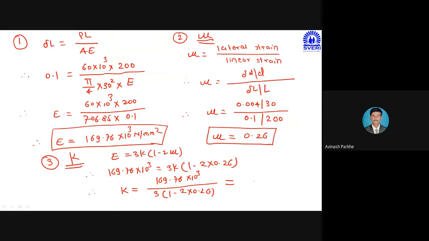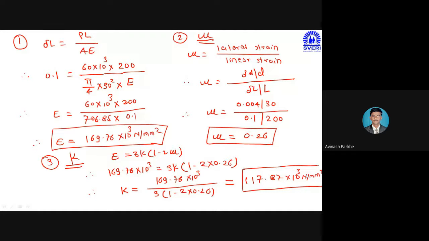Bulk modulus K is equal to 117.88 into 10 raised to 3. Unit is Newton per mm square. This is the bulk modulus K.